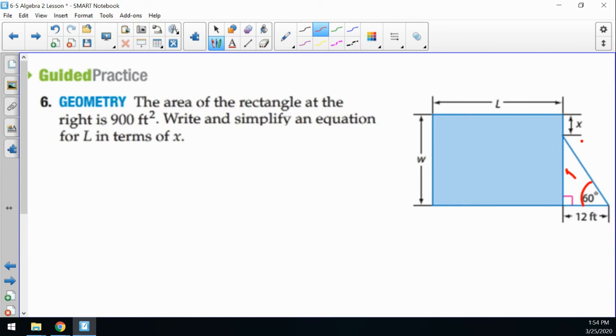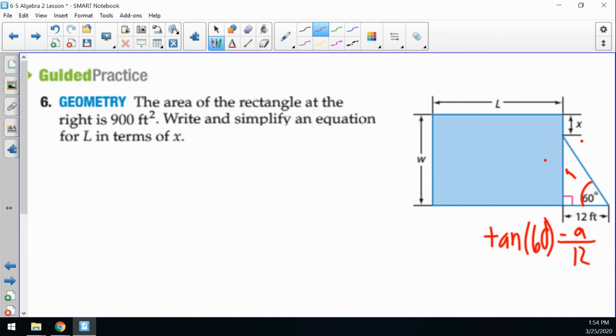With our trig ratio, opposite over adjacent is going to be tangent. So tangent of 60 degrees is going to be the opposite, our unknown, right? So we'll call that A, over 12.